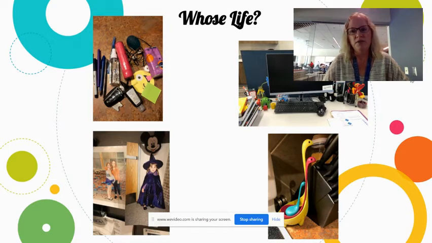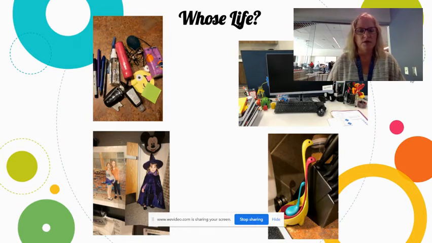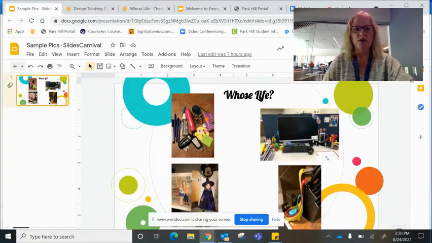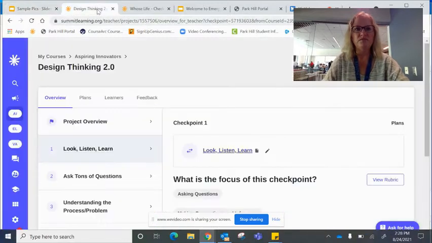The top right-hand picture is a space of theirs that they are in a lot, okay? The bottom left picture is things that they care about, and the bottom right picture is something that makes them happy, okay? So you're going to get the link to this slide on the announcements on Summit. So you'll always be able to go back to this slide and analyze it, because you're going to need to analyze it in order to do this checkpoint, okay? But I just wanted to show you in order to get you to the right place.